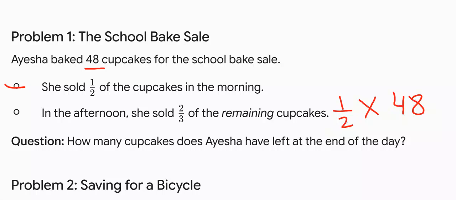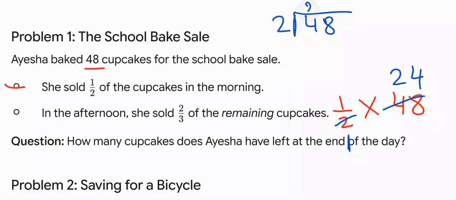How to do cancellation? 2 1s are 2, 2 2s are 4, and 2 4s are 8. If you don't know cancellation, you can do division. Both ways you will get the same answer.